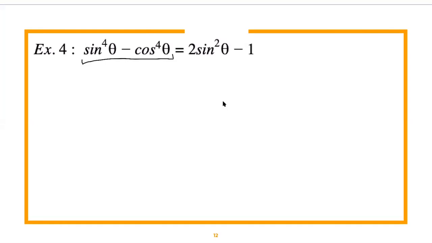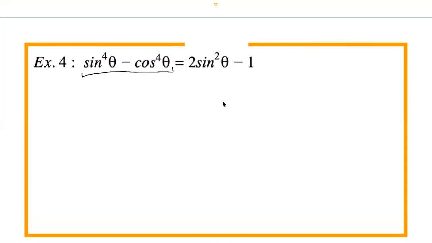And here's why. If you think back to, I don't know, middle school, you learn that a squared minus b squared factors into a plus b times a minus b. Yeah?